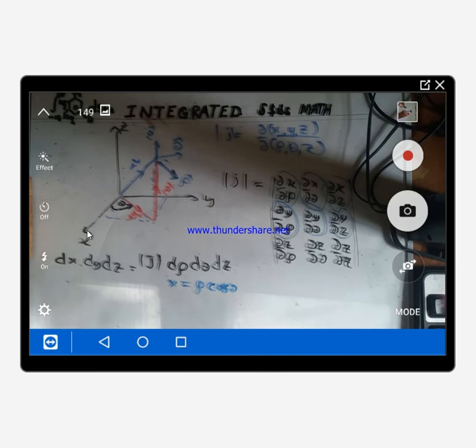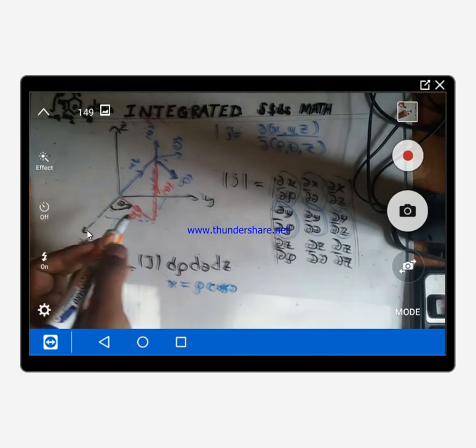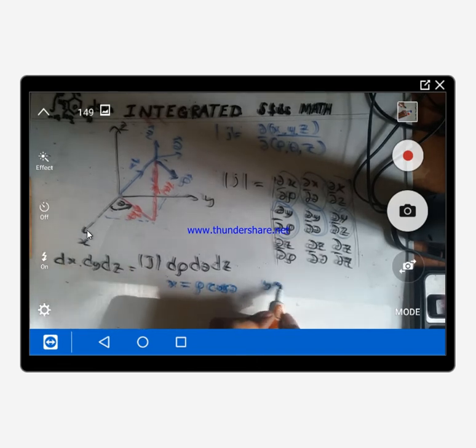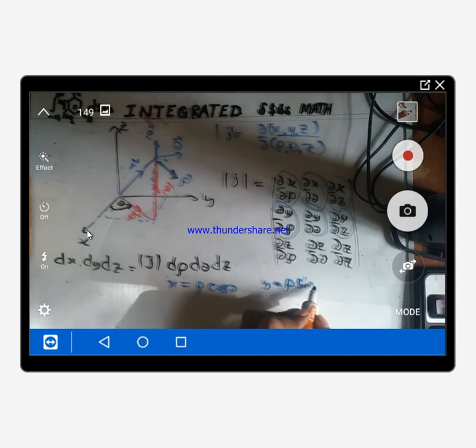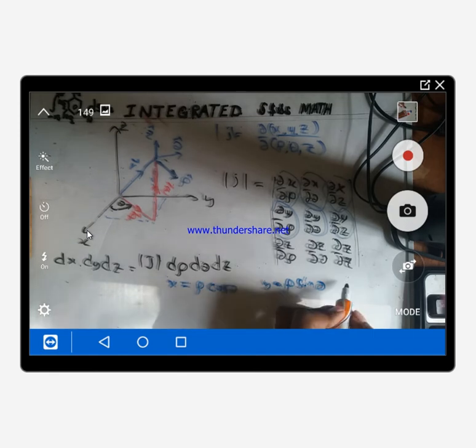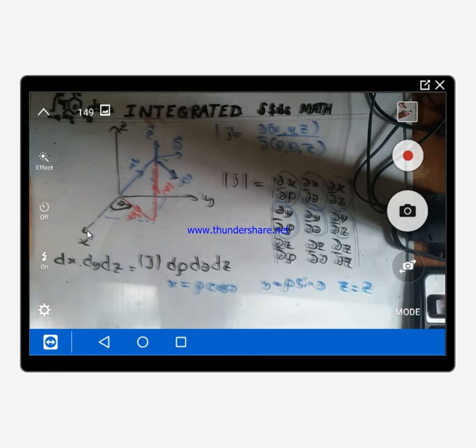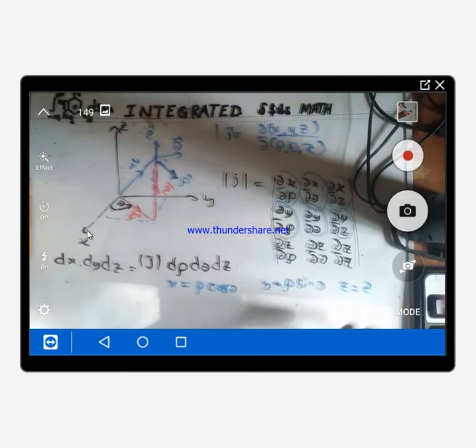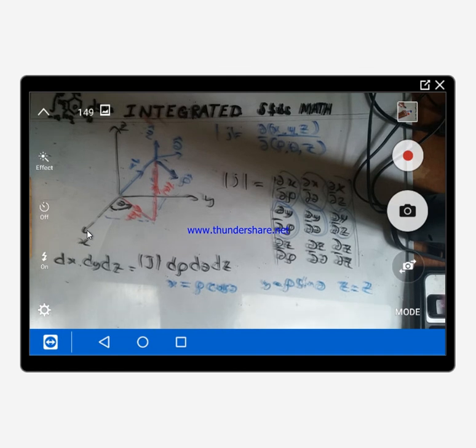y is equal to rho sin theta, and z is nothing else: z is equal to z. By using these three, you are able to evaluate all nine elements. Let me show you how to calculate them.